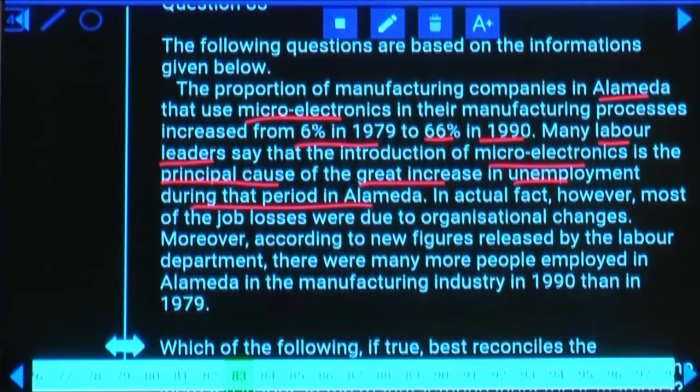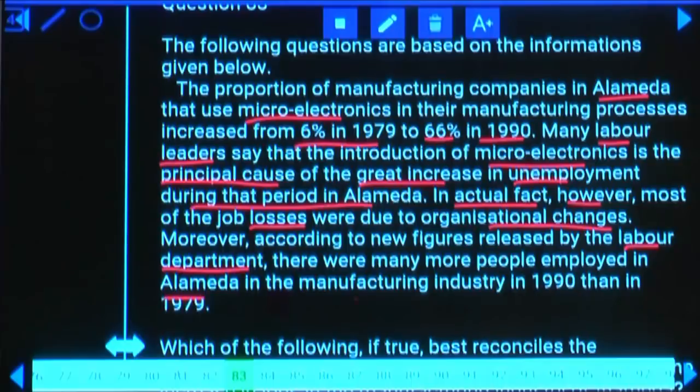Now this is the statement made by whom? Made by the labor leaders. And however, in actual fact, underline this, in actual fact, however, most of the job losses were due to organizational changes. Most of the job losses are because of organizational changes.